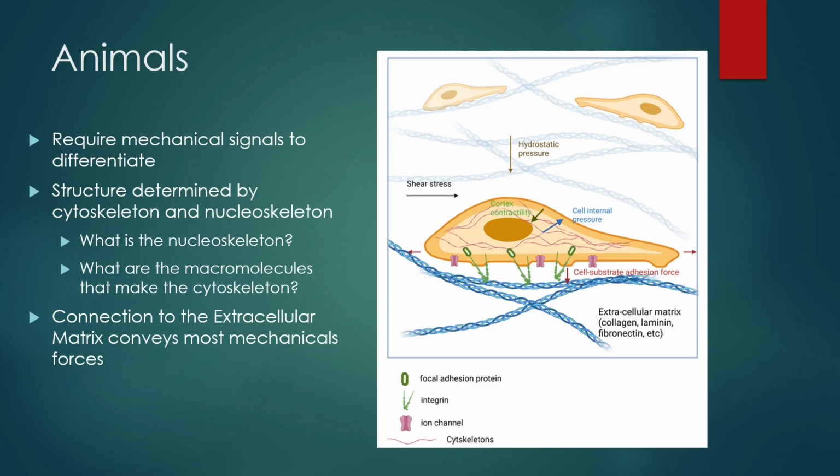As well as in the cell, there is the cytoskeleton, right? You probably have heard of it, which is a class of three different types of proteins that form the mechanical structure for the cell to be supported by. There's also one inside of the nucleus that has the same protein classes, your actin, your microtubules, as well as some subset of those that are more specialized for the nucleus.